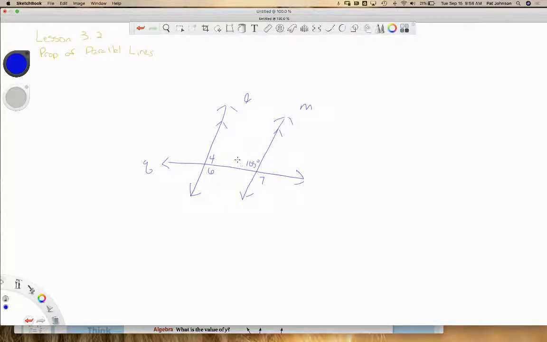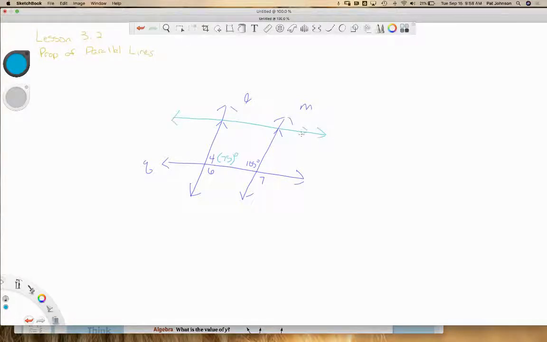Well, I notice that 4 and this angle are same side interior angles, which makes them supplementary. Therefore, angle 4 must equal 75 degrees. Okay. Then I need to find angle 3. Well, if I look at, let's see, P is here, right?